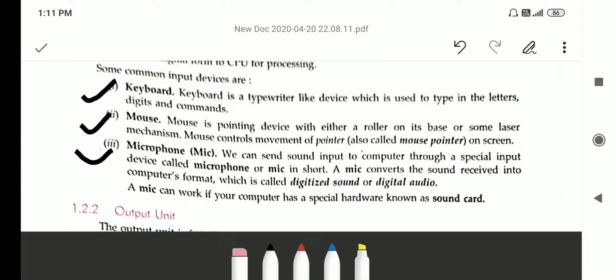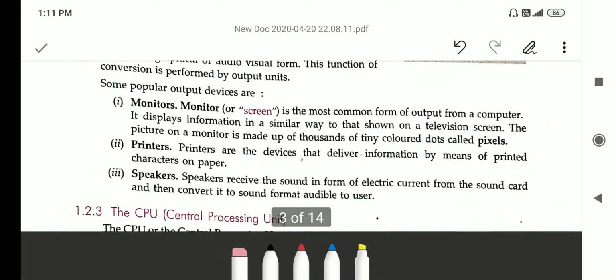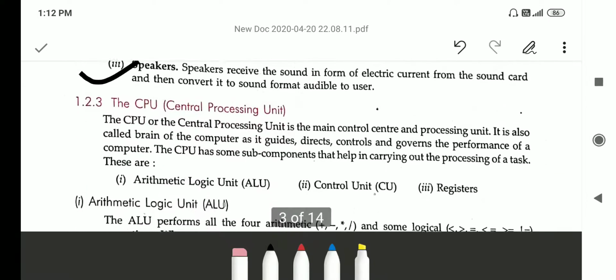Microphone means we can speak and give voice in audio format. Output units are monitors, printers and speakers. Monitors are used to display the contents. Printers are used to give us hard copy. Speakers are used to give us the audio format of output.